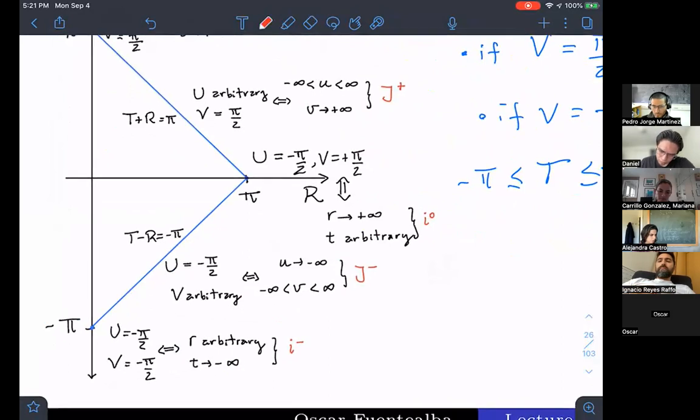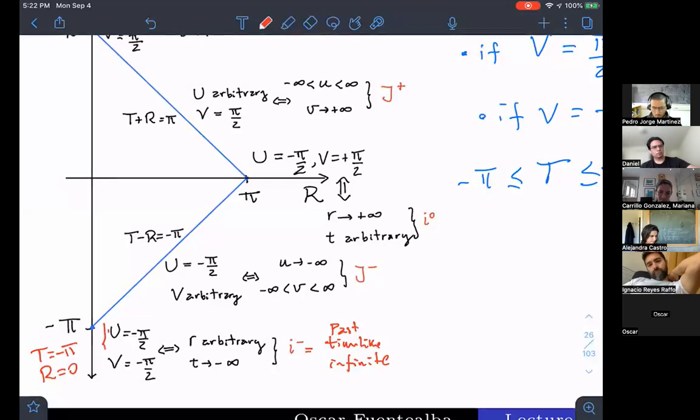This is what we call the past time-like infinity. And if you replace the values t equal to minus pi and r equal to 0, you will obtain that u and v are given by this expression here, and you can realize that this point corresponds to a lot of points with an arbitrary radius, when the time goes to minus infinity.